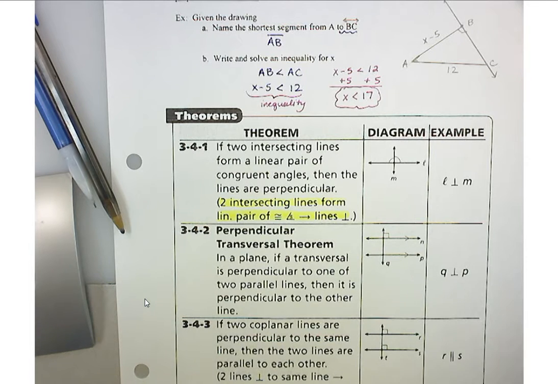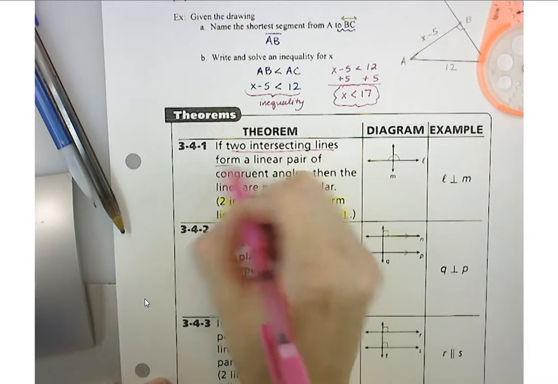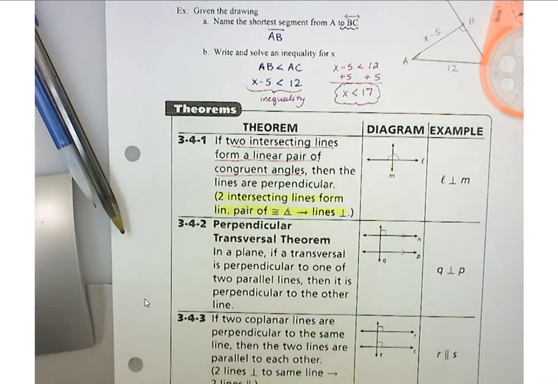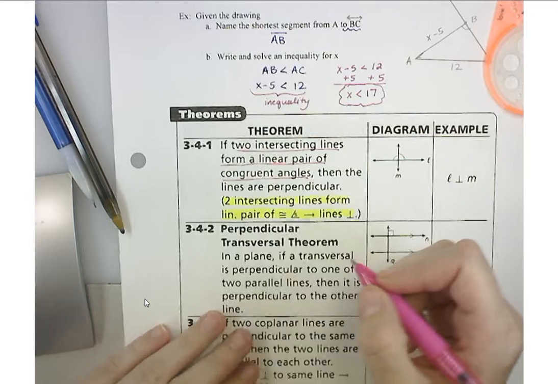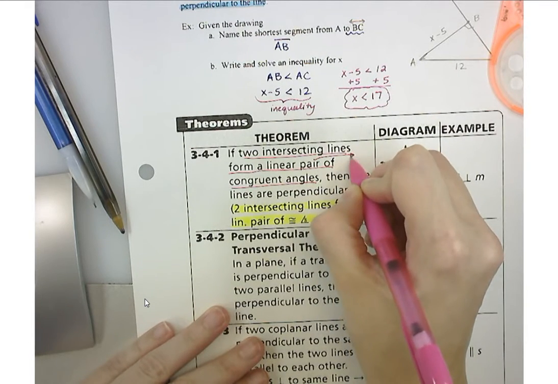So if you have two intersecting lines that form a linear pair of congruent angles, let's talk about what that means. Okay, they form a linear pair of congruent angles. So, Clara, if we have a linear pair, what do we know? And what else? Good.